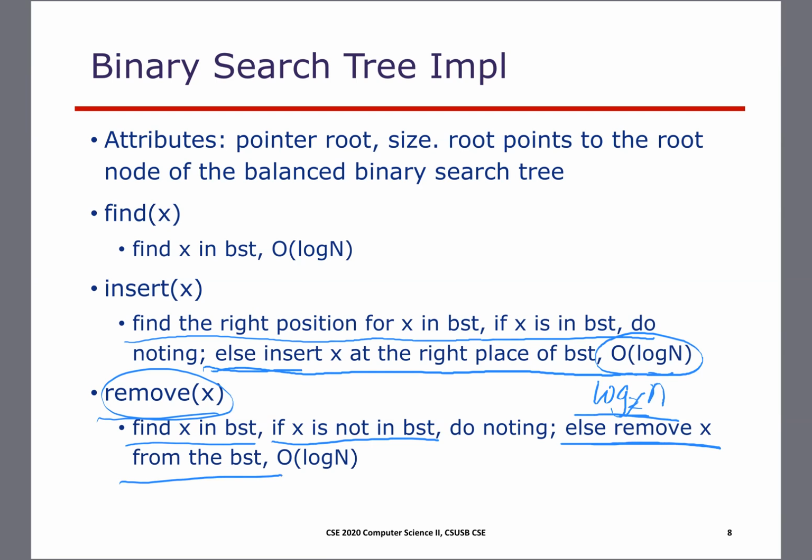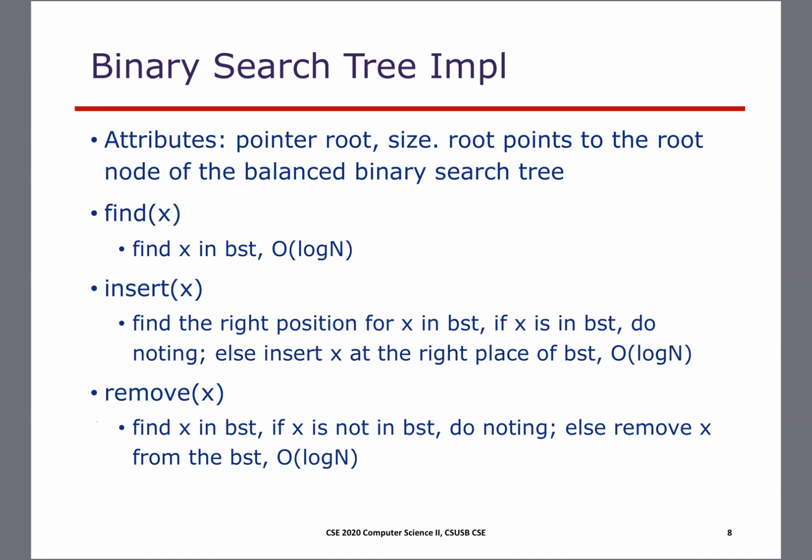We already talked about this in the binary search tree module. So now we can see the time complexity for find is big O log n, for insert, big O log n, and for remove, big O log n. It's better than the sorted array and the sorted linked structure implementations.